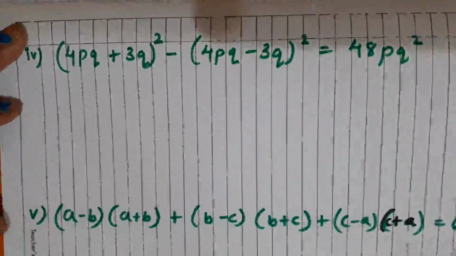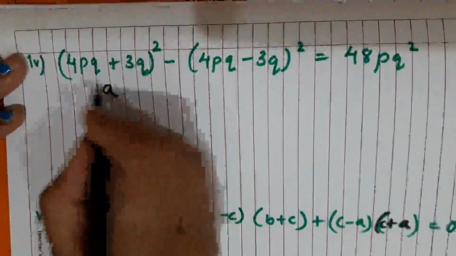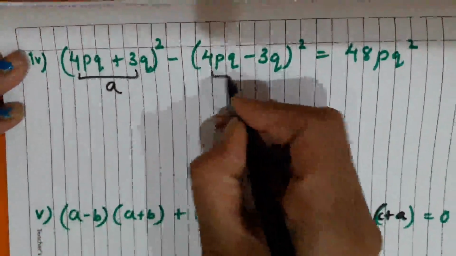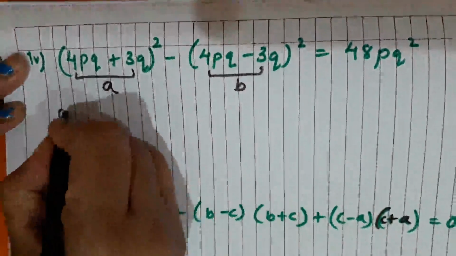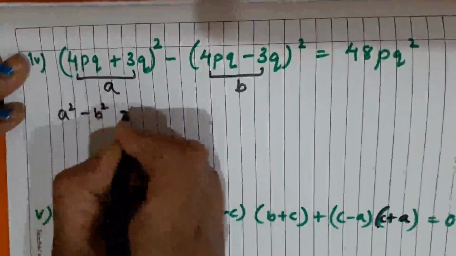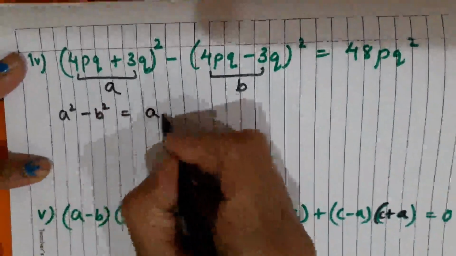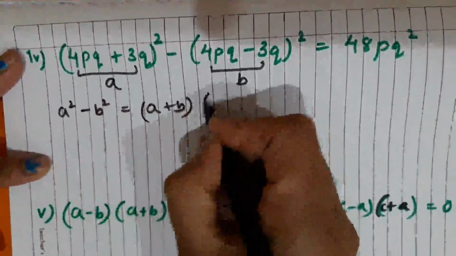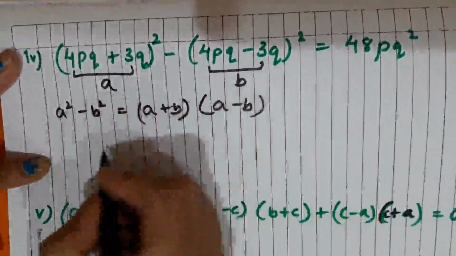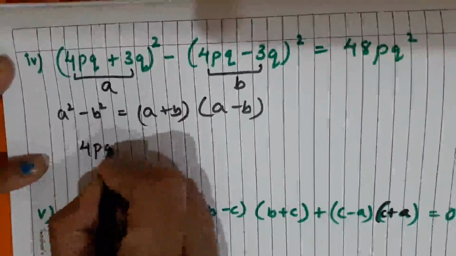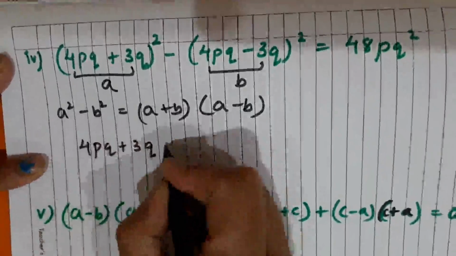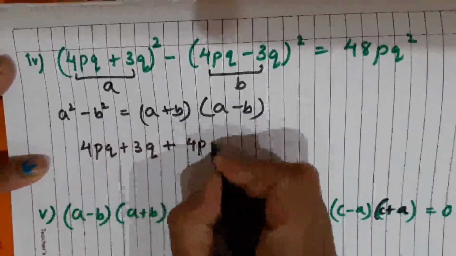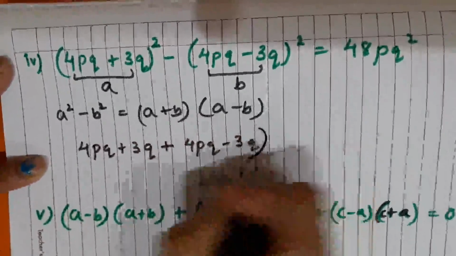So in the next part, this is your a and this will be your b. So we are going to apply a square minus b square, which means (a plus b) and (a minus b). So a is 4pq plus 3q, b is 4pq minus 3q.